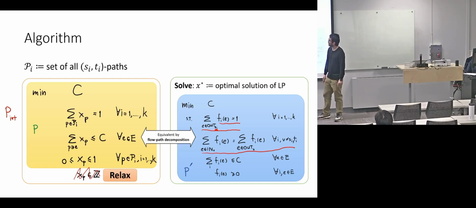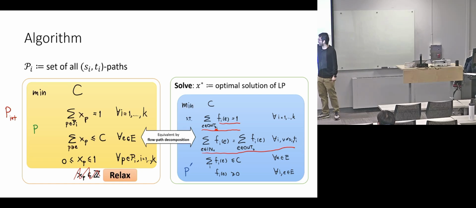So basically we're going to send one unit of flow from Si to Ti. But you know that, by the flow path decomposition that we have seen last time, given the flow, you can just decompose it into a set of paths.